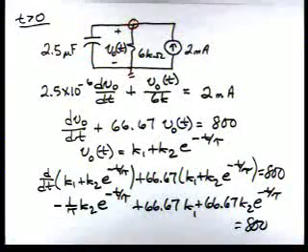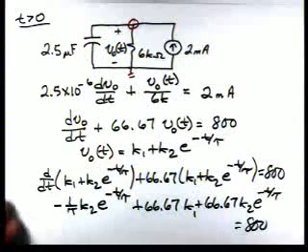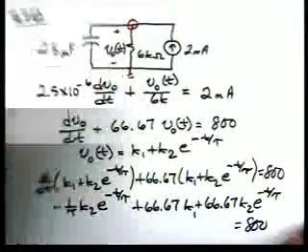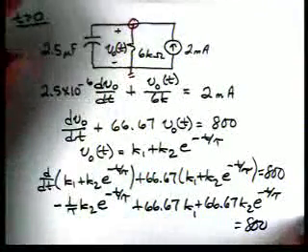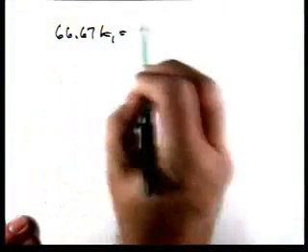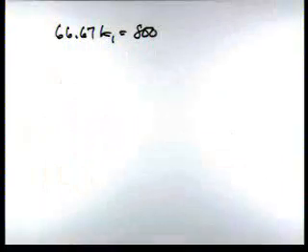Now if we think about what an equal sign means, everything on the left has got to equal everything on the right. If we look at our equation here, these two terms don't involve e to the minus t over tau. So one thing we can conclude from this is that 66.67 K1 has to equal 800.